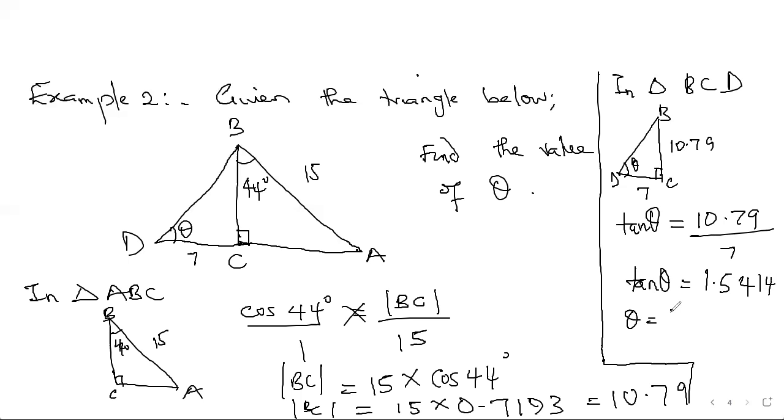So theta will be tan inverse of 1.5414. To press tan inverse on your calculator, you press shift tan of the answer. Shift tan 1.5414, and that gives you 57 degrees.